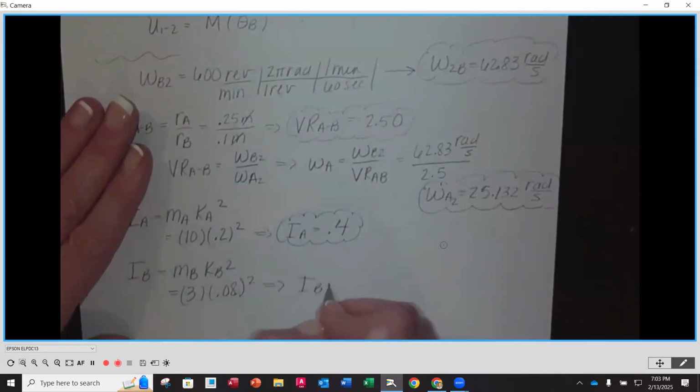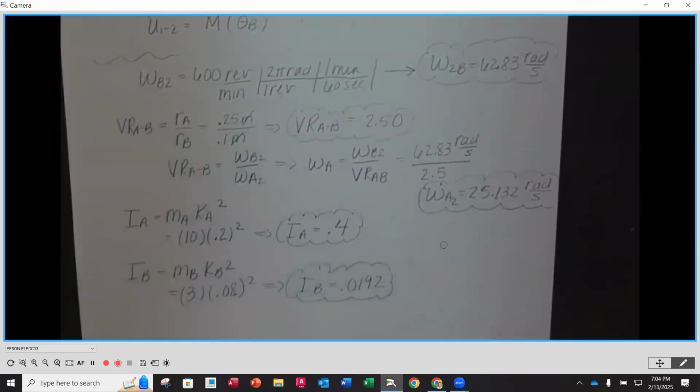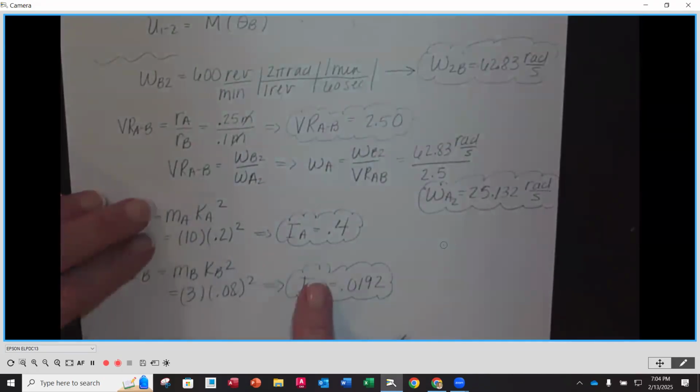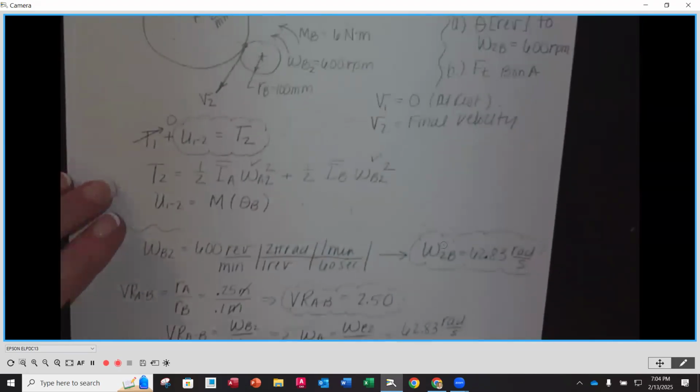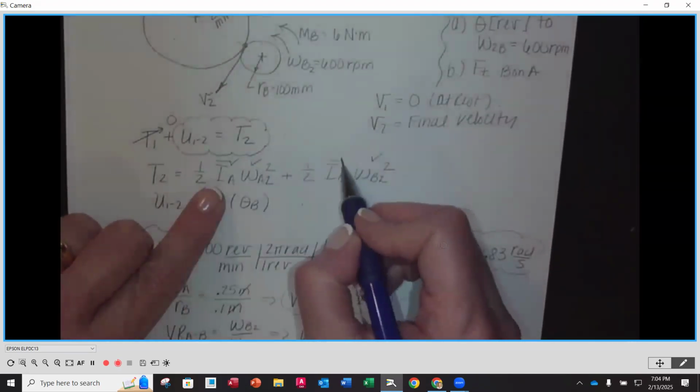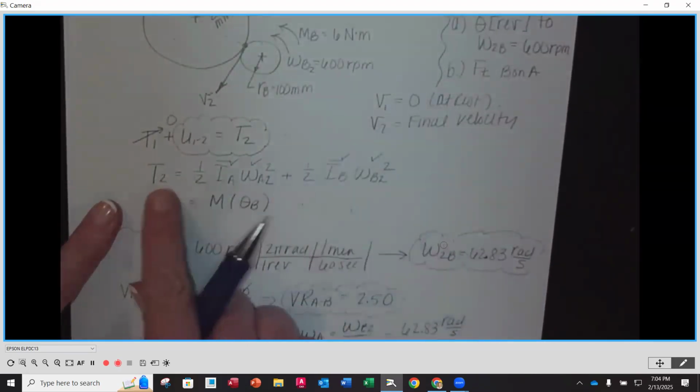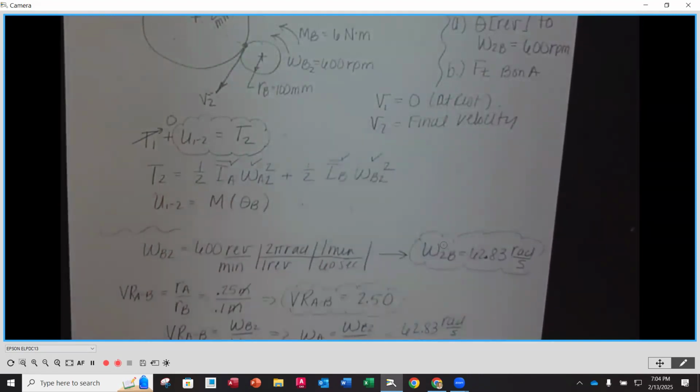So you should get 0.0192 is the moment of inertia of B. Now, as we look up here, we've got those two done. So we've got the moments of inertia done. So we have all of our kinetic energy done. Kinetic energy of 2 done.